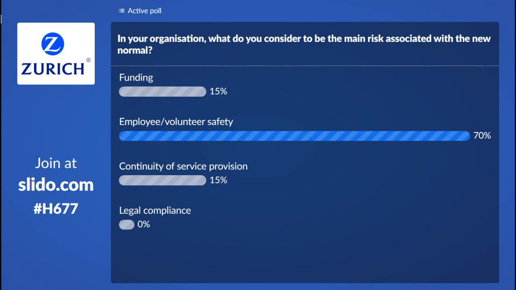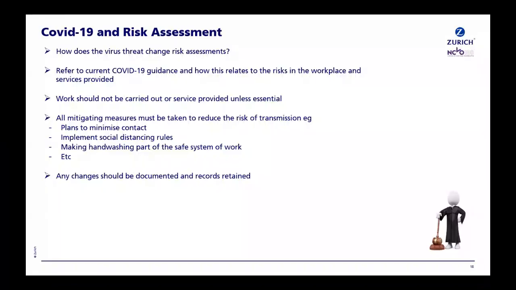So with all of this in mind, how does the virus threat change risk assessments? Well, the process and requirements for risk assessment are the same, but you're likely to be reviewing risk assessments more frequently in line with the changing epidemic situation, government, HSE, Public Health England and charity sector guidelines.